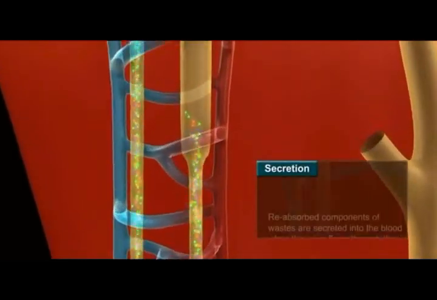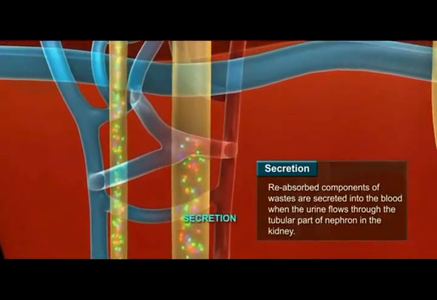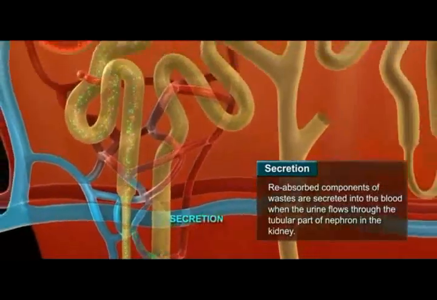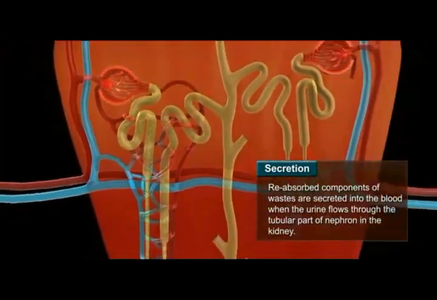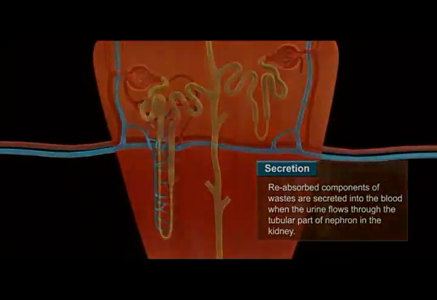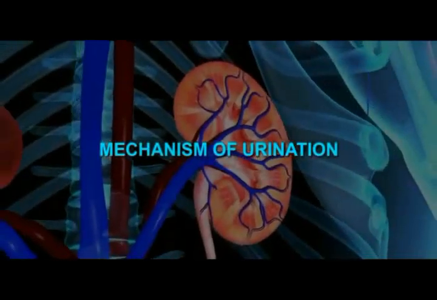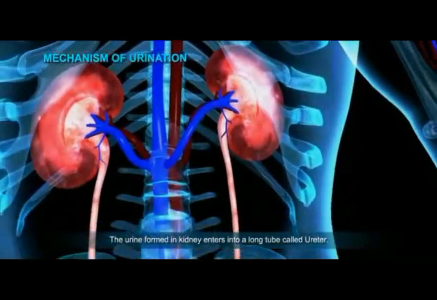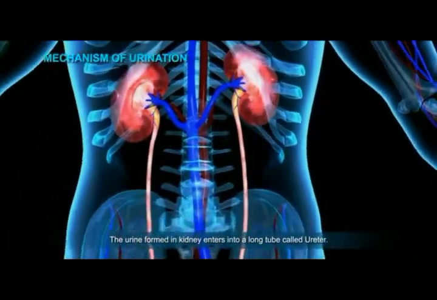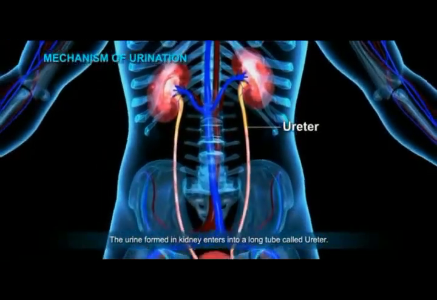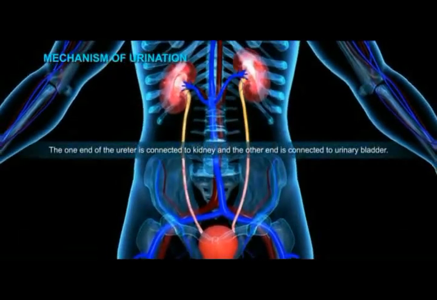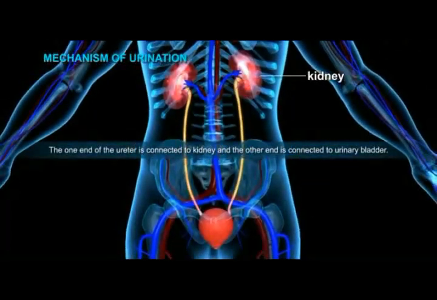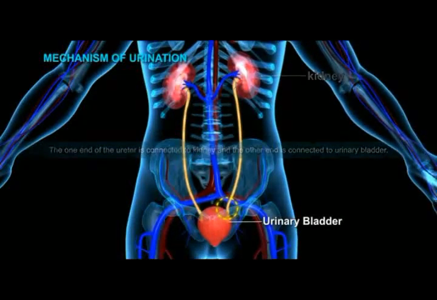Secretion: the remaining components of wastes are secreted into the urine when it flows through the tubular part of the nephron in the kidney. Mechanism of urination: the urine formed in the kidney enters a long tube called the ureter. One end of the ureter is connected to the kidney and the other end is connected to the urinary bladder.